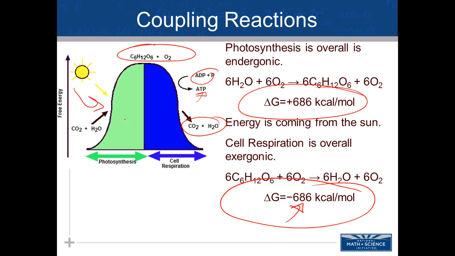So in the first half, this is an endergonic reaction and the energy is coming from light. Over here on this side, this is overall an exergonic reaction, and the excess energy is going to be used to phosphorylate ADP and make ATP.